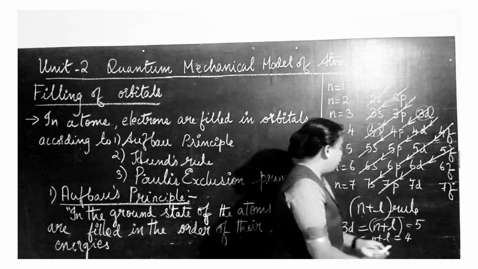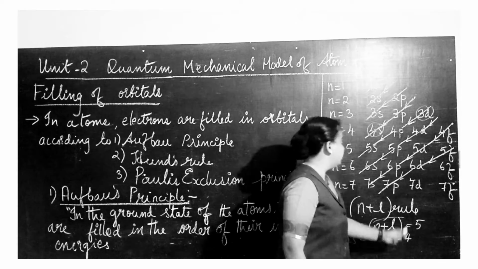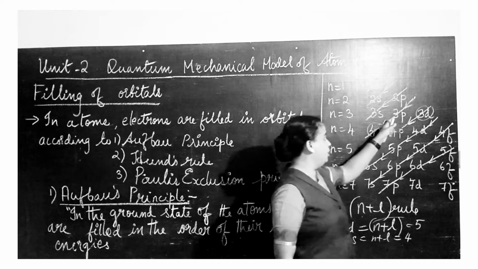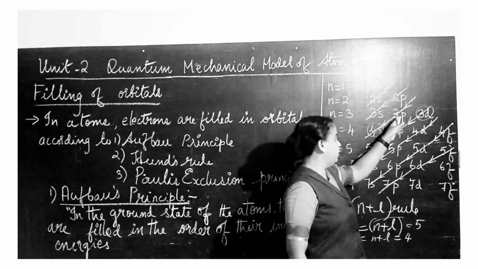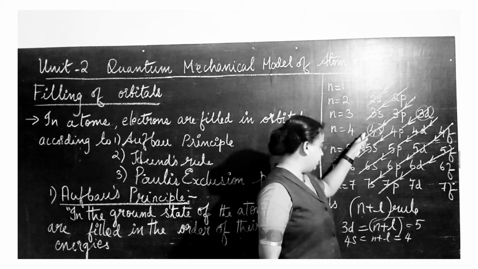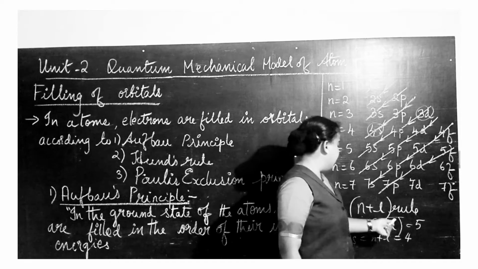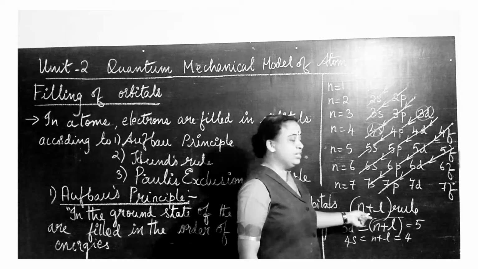So the lower n plus l value has lower energy. After 3p, the electron goes to 4s, and from 4s to 3d, because all these energies are based on the n plus l rule.